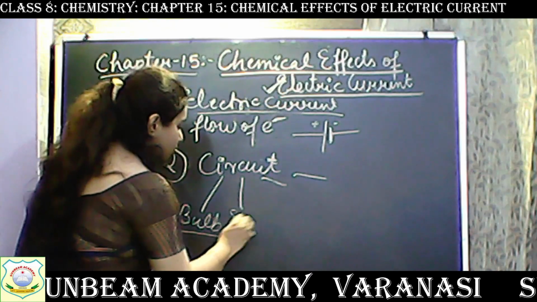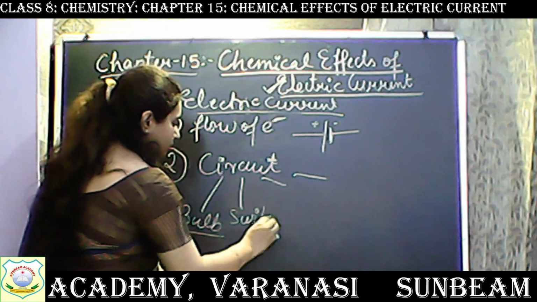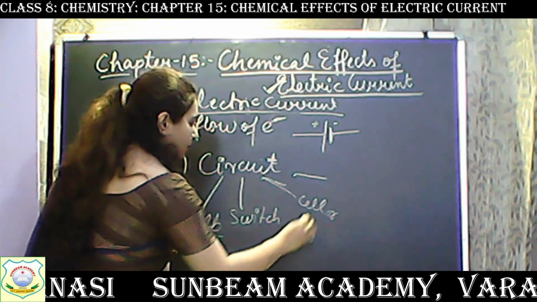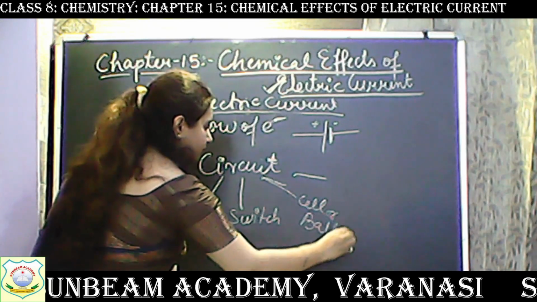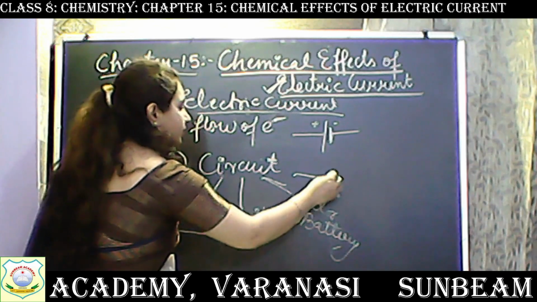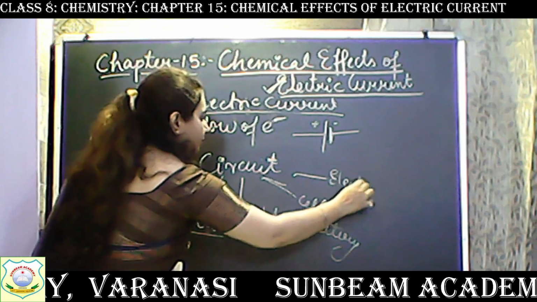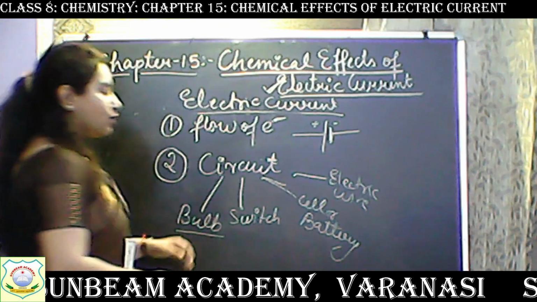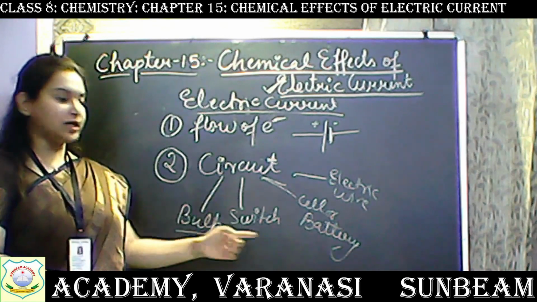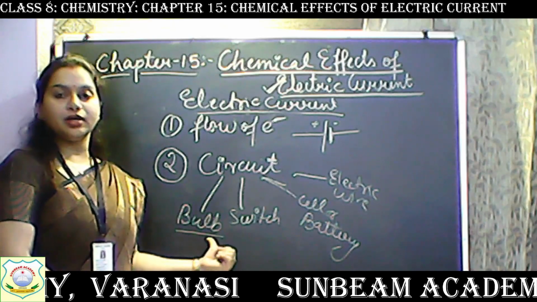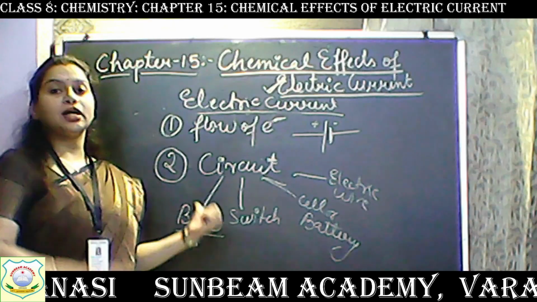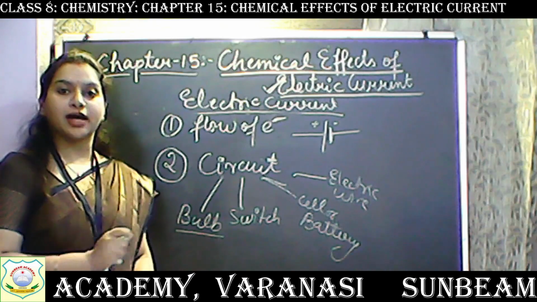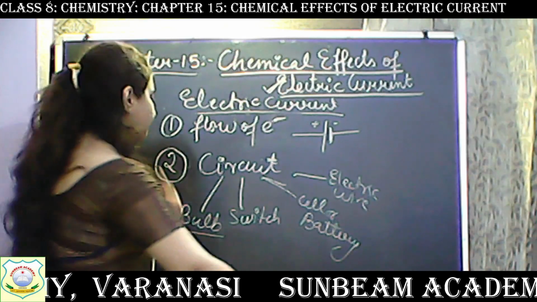Then a switch. Then a cell or battery and electric wire. For any circuit to be completed, these things are very important. Then only a current can follow a path.